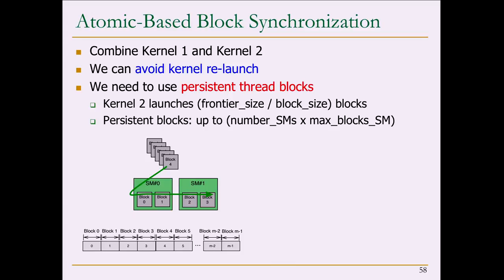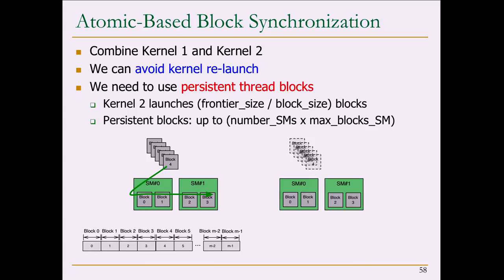So this is what we do in kernel 2, actually. What we could do, if we want to have a more efficient implementation, is using persistent thread blocks. What's the meaning of persistent thread block? The meaning is that we are only going to launch as many thread blocks as can run at one particular moment, simultaneously on the available cores.